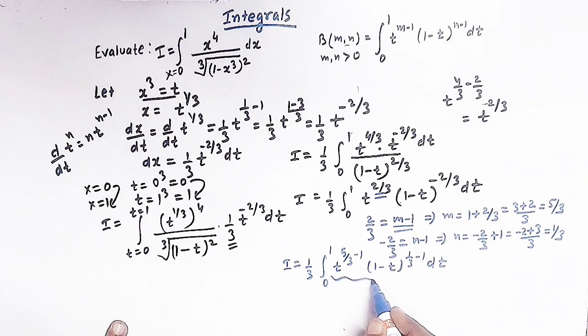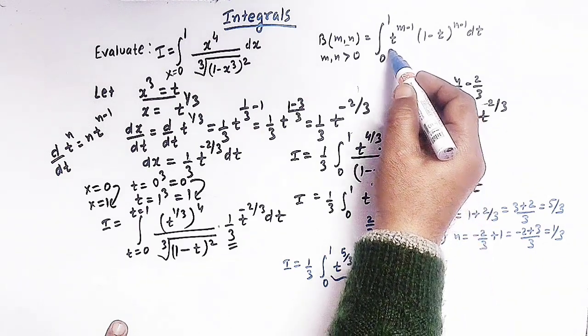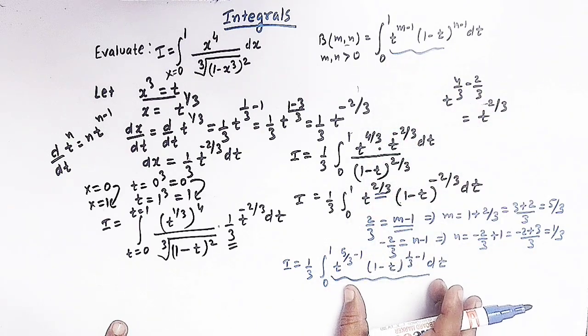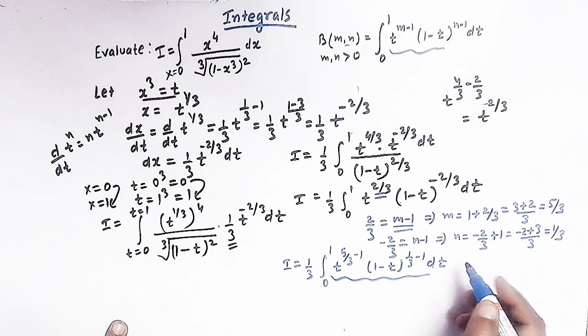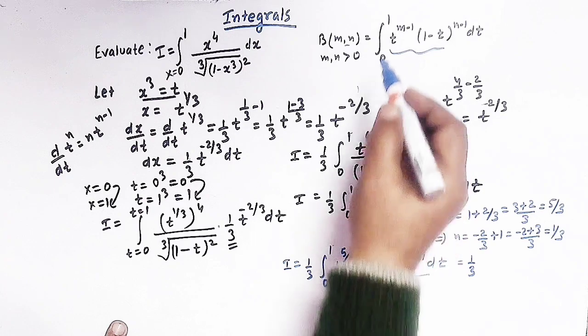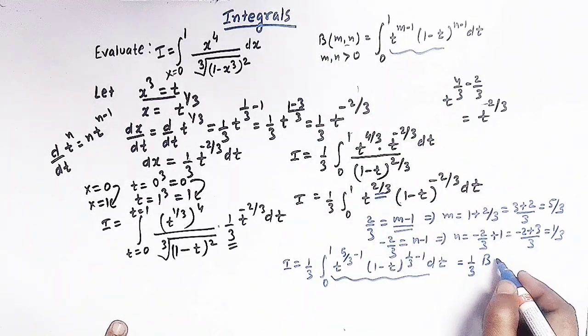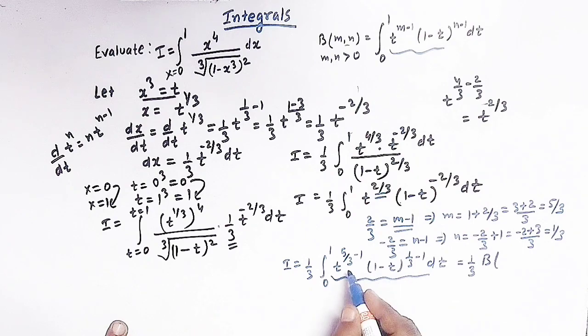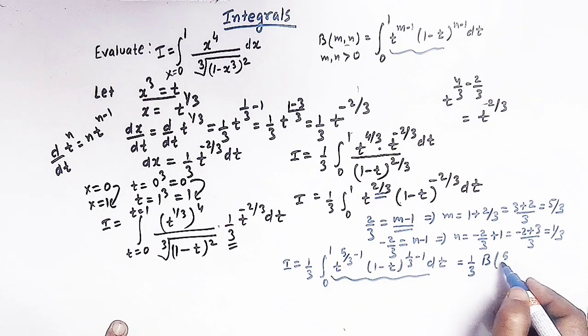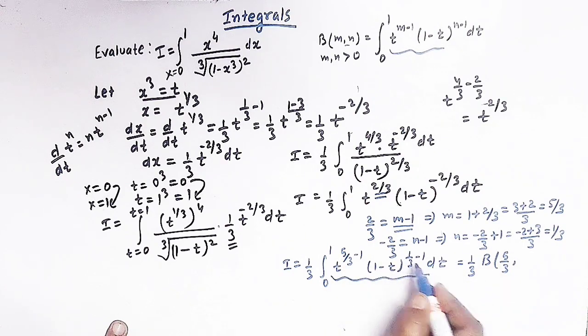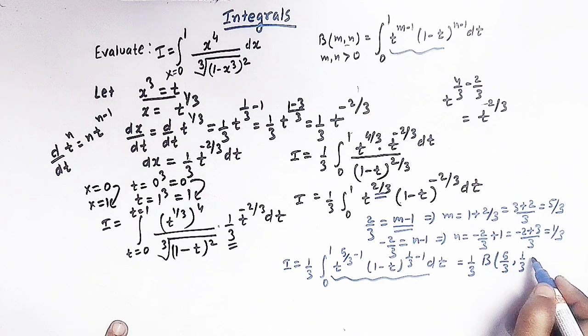So now this integral is similar to this one, that is this is the beta function. So now we can write 1 over 3, and this integral is equal to the beta function, that is beta m comma n. So here m is 5 over 3 and n is 1 over 3.